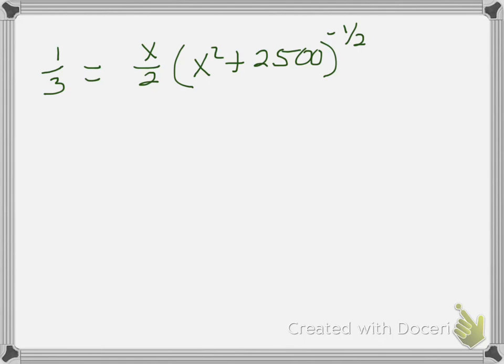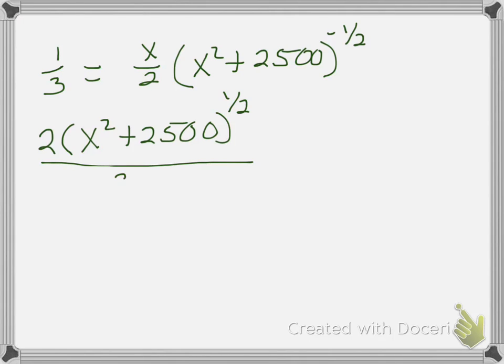If I multiply each side by 2 and by x squared plus 2500 to the positive 1/2 power, I get 2 times x squared plus 2500 to the 1/2 power over 3 equals x.